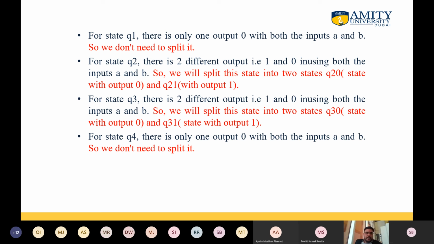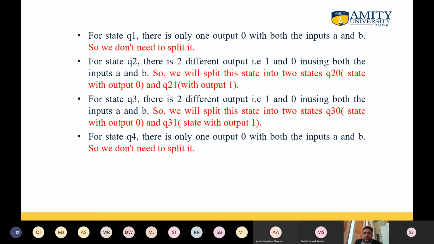Now for state Q2, there are 2 different outputs, 1 and 0, using both the inputs A and B. So you will split Q2 into 2 states. One state you will make Q2 0, and the respective output for Q2 0 will be 0. And one state you will make Q2 1, and the respective output for Q2 1 will be 1.